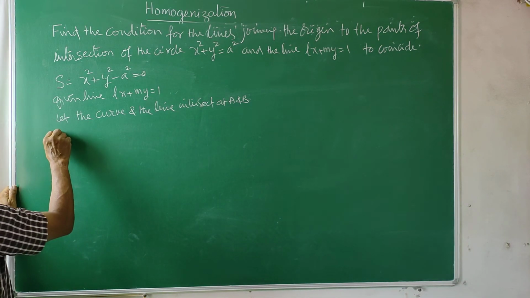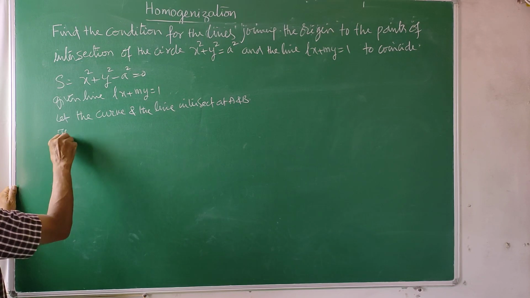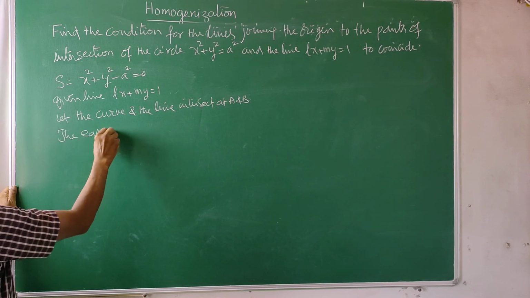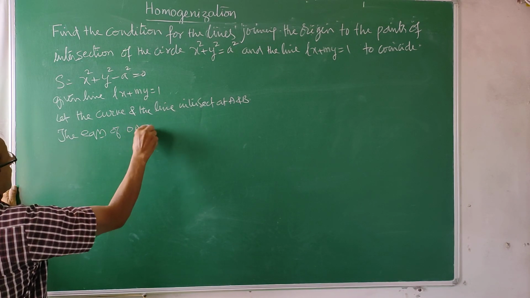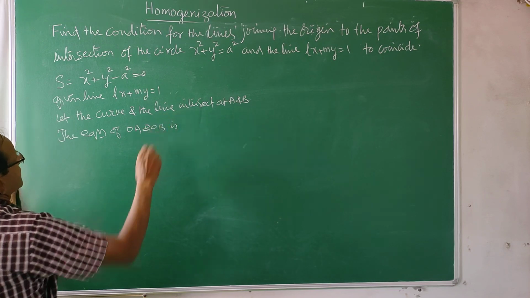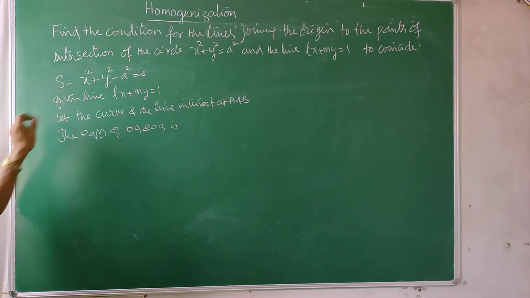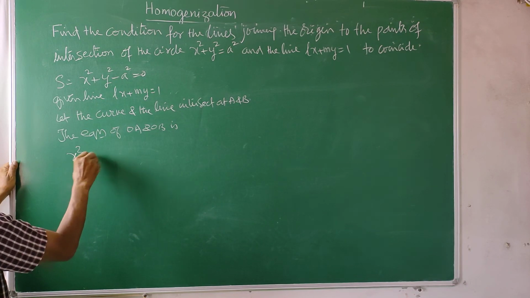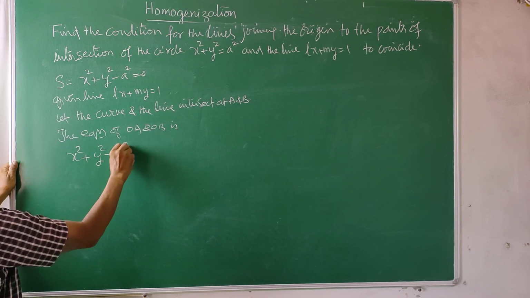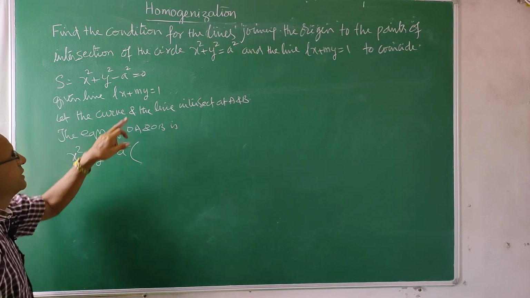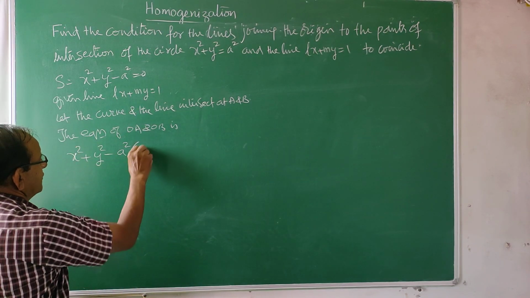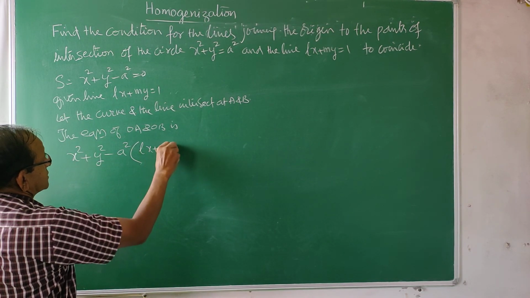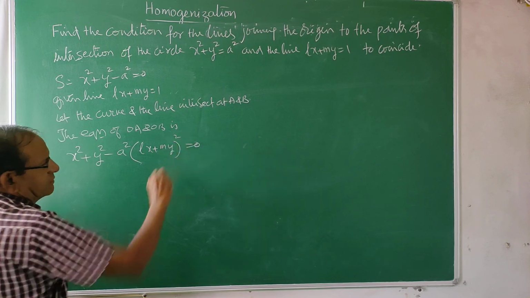So the equation of OA and OB is, we have to make it homogeneous. This is second degree, this is second degree, this is constant. So x square plus y square minus a square into 1 square you have to write. But 1 square is Lx plus My whole square equal to 0.